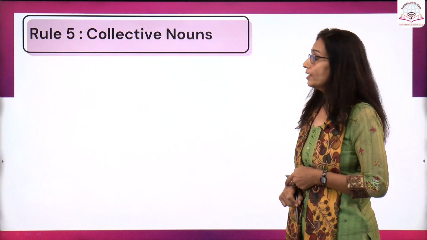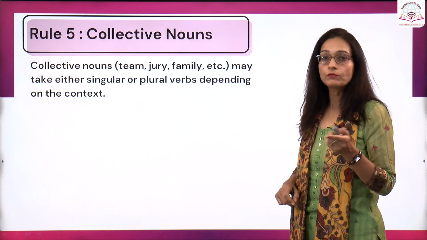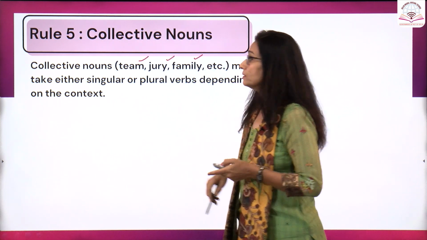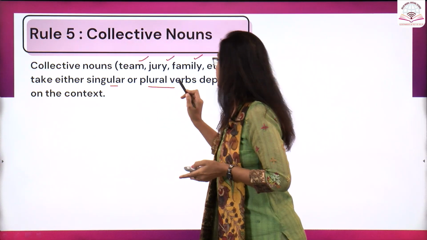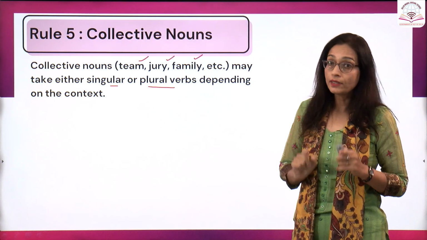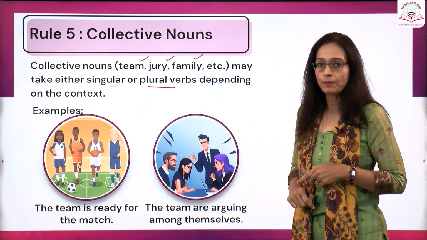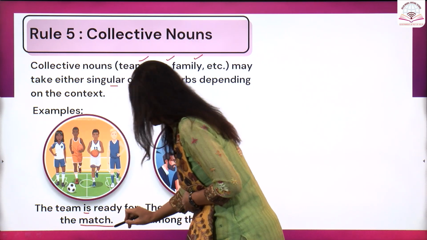Let's move further and talk about the collective nouns. Now the collective nouns, for example, team, jury, family, can take singular as well as plural verbs depending on the context. Let us try to understand this with our examples. The team is ready for the match.